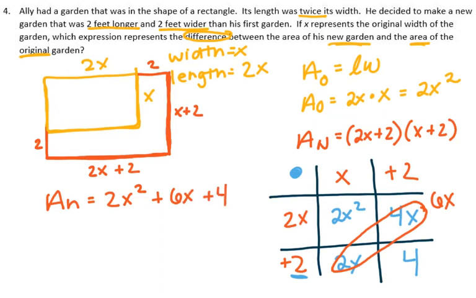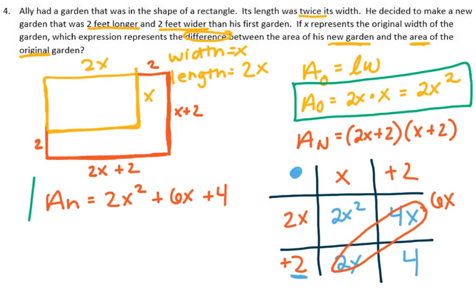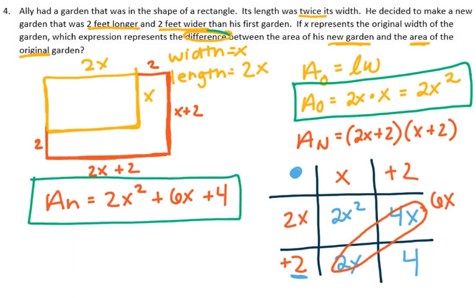So now I have these two areas. I have my original area of 2x squared and I have my new area. And it wants to know the difference between those two. So when I want to find the difference, that means subtract. So we're going to take our new garden, which is 2x squared plus 6x plus 4.